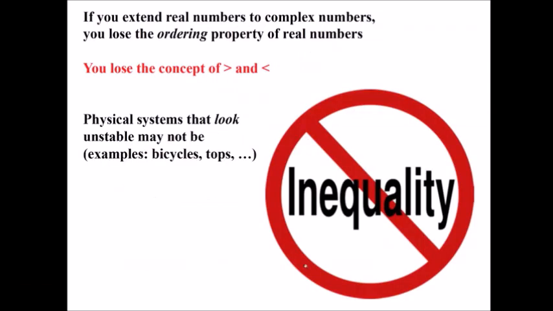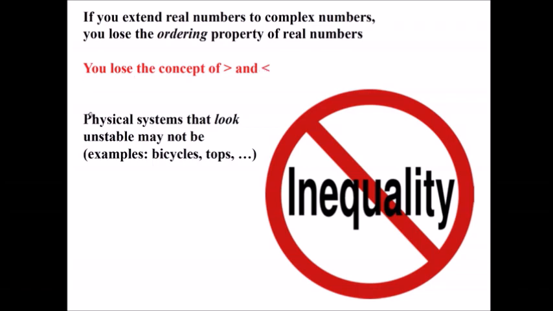Okay, so why is this true? Well, when you extend the real numbers to the complex numbers, nothing changes except for one single thing. When you go to the complex numbers, you can't say greater than or less than. If you have two complex numbers, A and B, you can't say A is bigger than B or A is smaller than B. Okay?